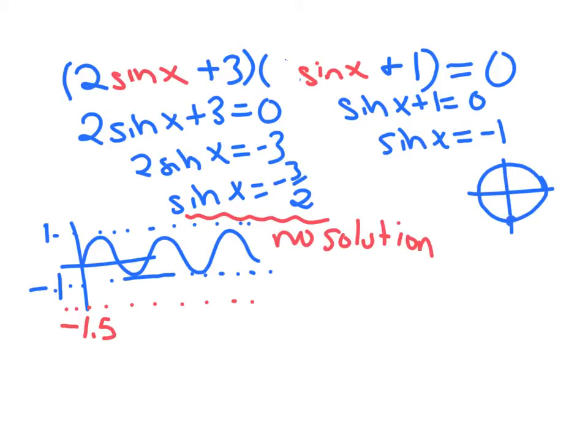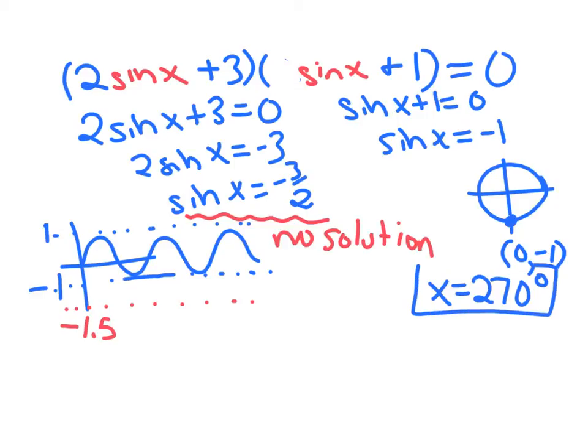So the y-coordinate is -1 down here. You'll see a point with coordinates 0, -1. This corresponds to a value of x of 270 degrees, or 3 pi over 2 radians. But since we were told to find x between 0 and 360 degrees, it's assumed that we want the radian solution.